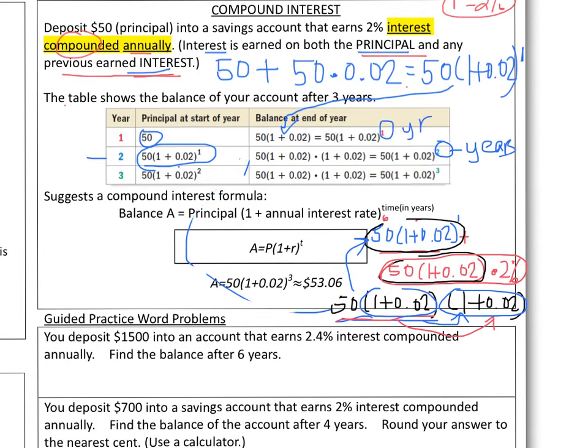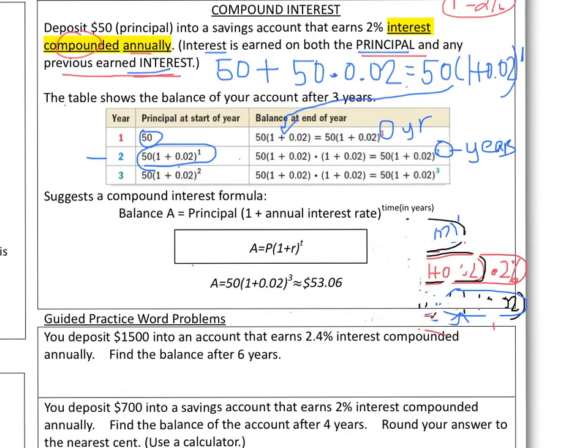I'm going to erase this now. And if we continue the same pattern, by the third year, we should have 50 times 1 plus 0.02 to the third power. There's a misprint here. This should be 2. Okay. Now, this suggests a compound interest formula.